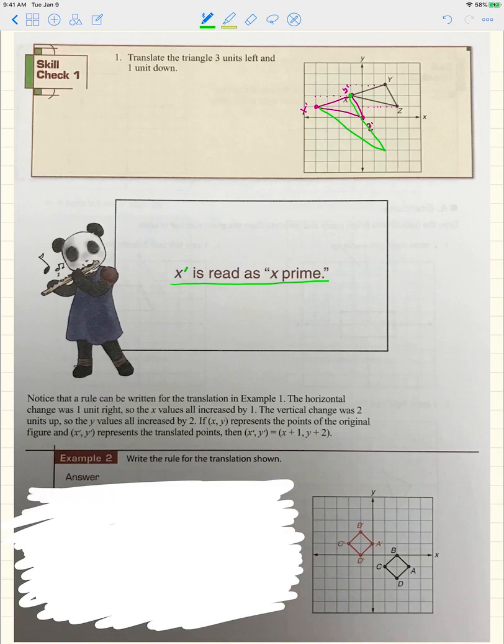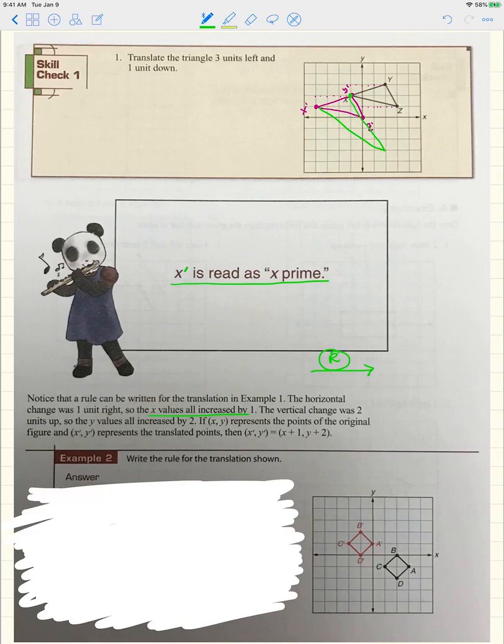Now, notice that a rule can be written for the translation in example number 1. The horizontal change, remember horizontal is moving left to right, the horizontal change was 1 unit right, which means the x values all increased by 1. We were moving to the right, which means we were getting more positive as we moved to the right, and we were moving 1 unit right.